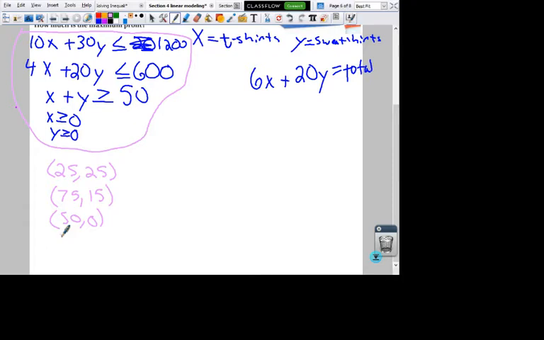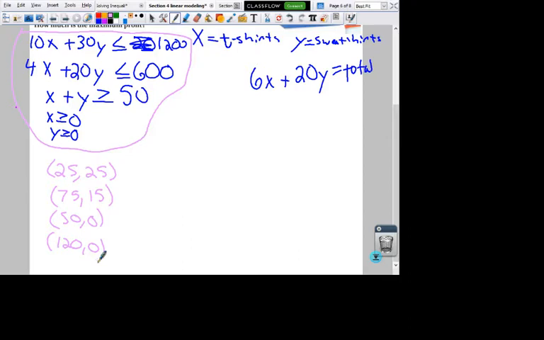Alright, I'll look at yours, Ermaya. Let's see what we got. I think 120, 0 is our last. Alright, hang on. We got 15 and 35. This is the one. That's the darkest one.